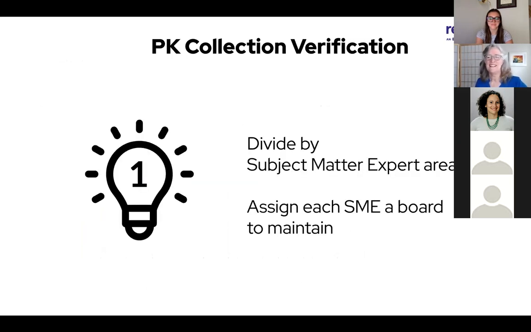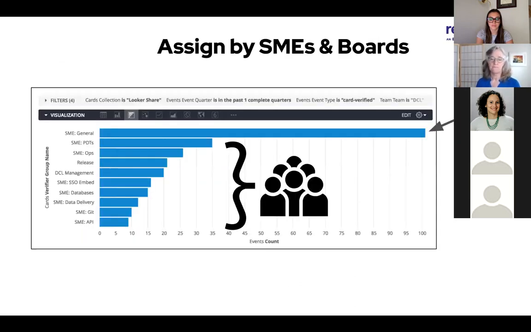So our first idea: we have subject matter expert areas and people who qualified for those, and we were going to assign each SME a board to maintain with cards, and they were in charge of keeping that verified. So that took the bottom 8 or 9 out of the equation and kept the general stuff going to Sam. We'd solve that later.